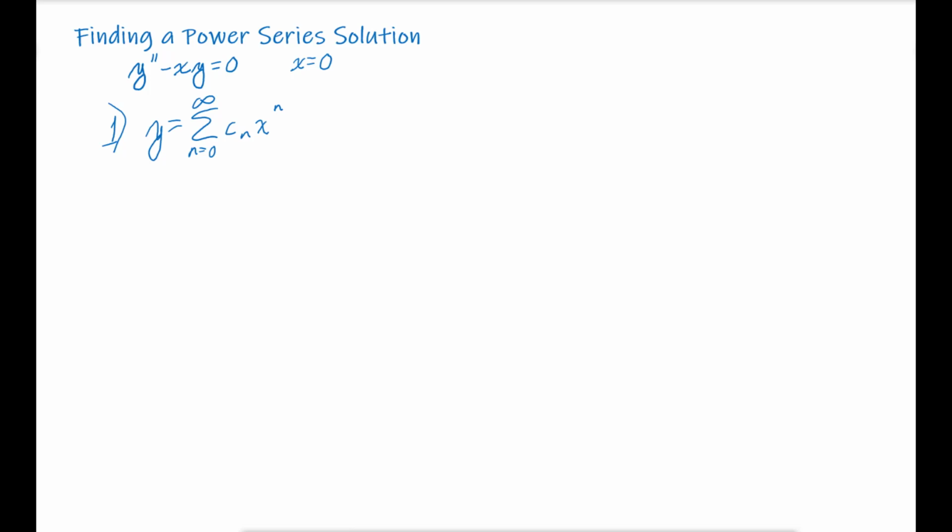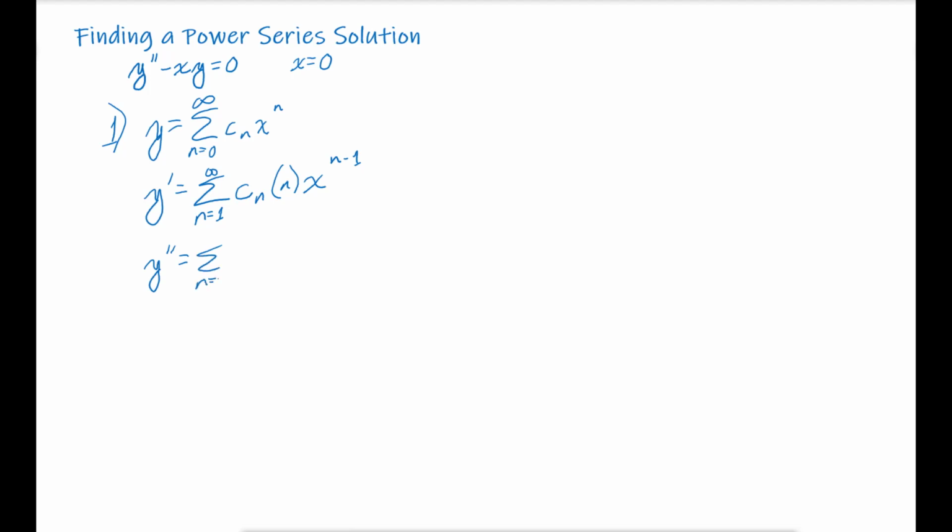In order to do that, we're going to need to take the second derivative. For the first derivative, I start my sum at 1 instead of 0, and we have c sub n times n times x to the n minus 1 as our first derivative. Then we take our second derivative by taking the derivative of our first derivative.